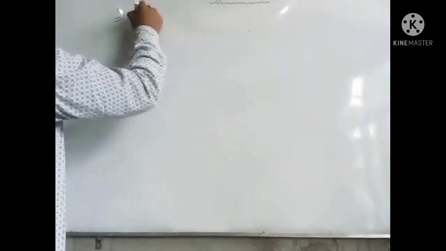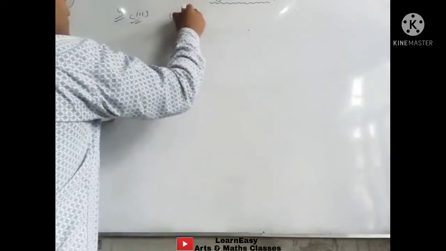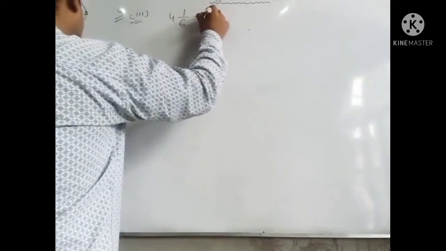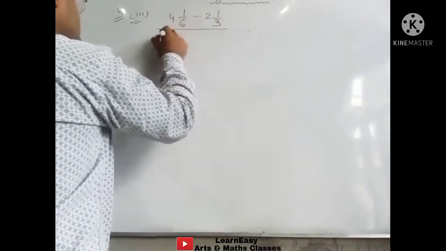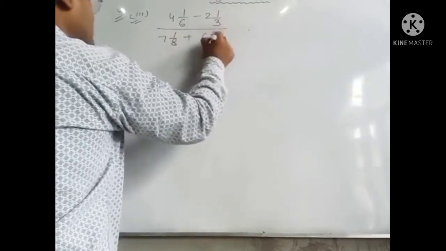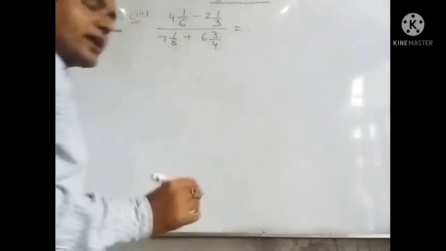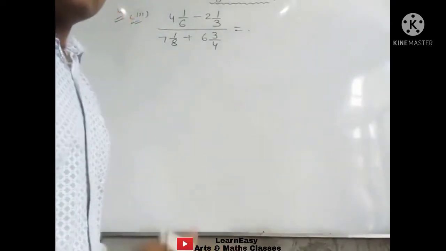Fourth question, second and third part are the same. Third part you just see. 4 whole 1 upon 6 minus 2 whole 1 upon 3, upon 7 whole 1 upon 8 plus 6 whole 3 upon 4. So you know very well what the first step is. First step is we will change all the mixed fractions into improper.